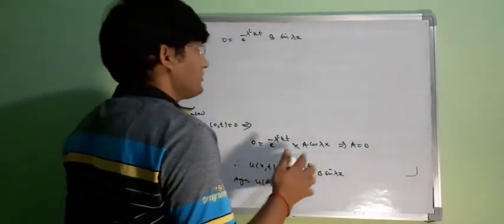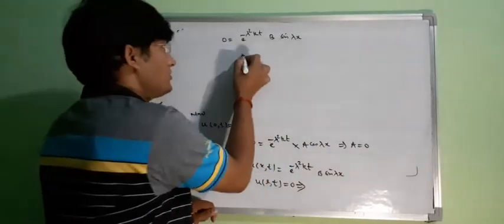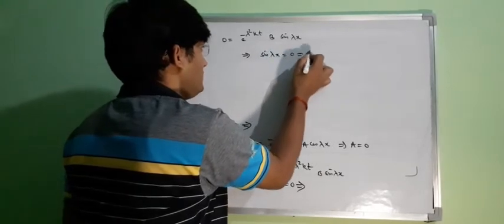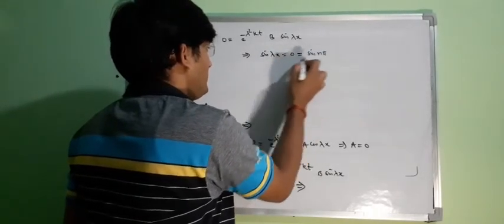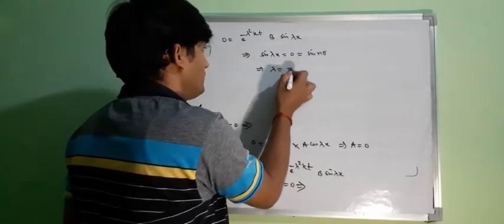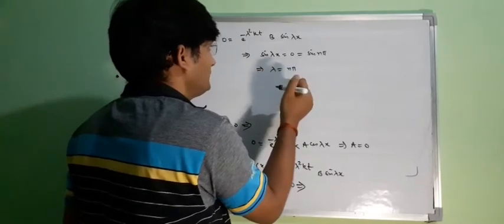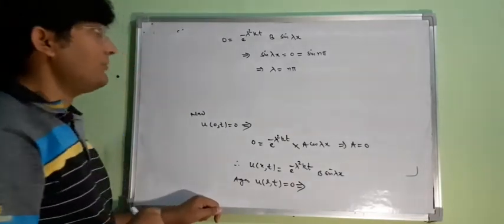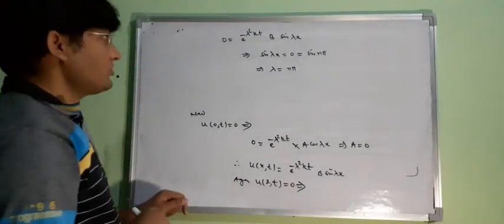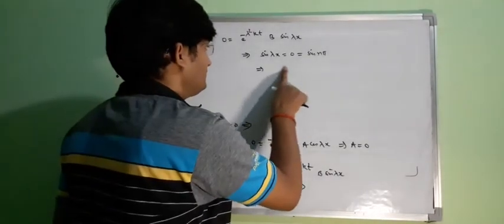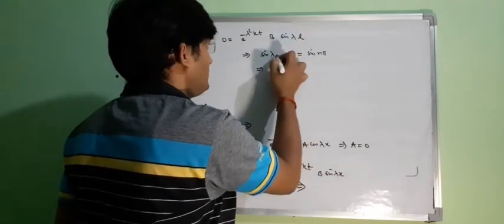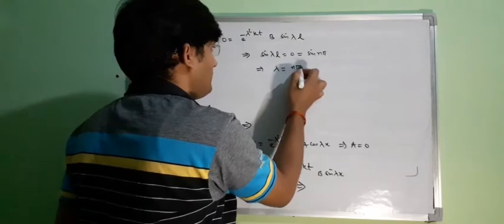That is not possible because the temperature cannot be 0. So from here we will have sin lambda L equal to 0, that means it is equal to sin n pi. So from here you consider lambda L equal to n pi, so your lambda will be n pi upon L.